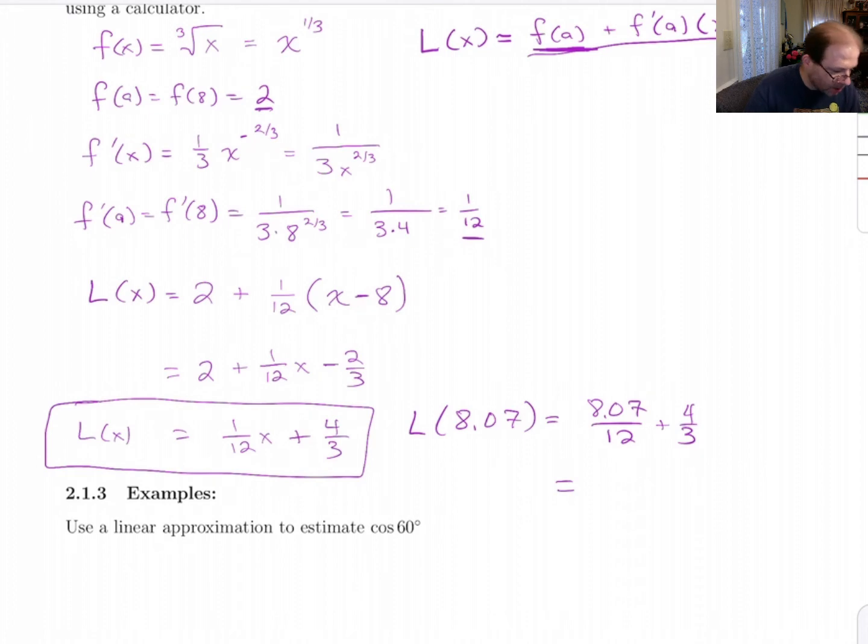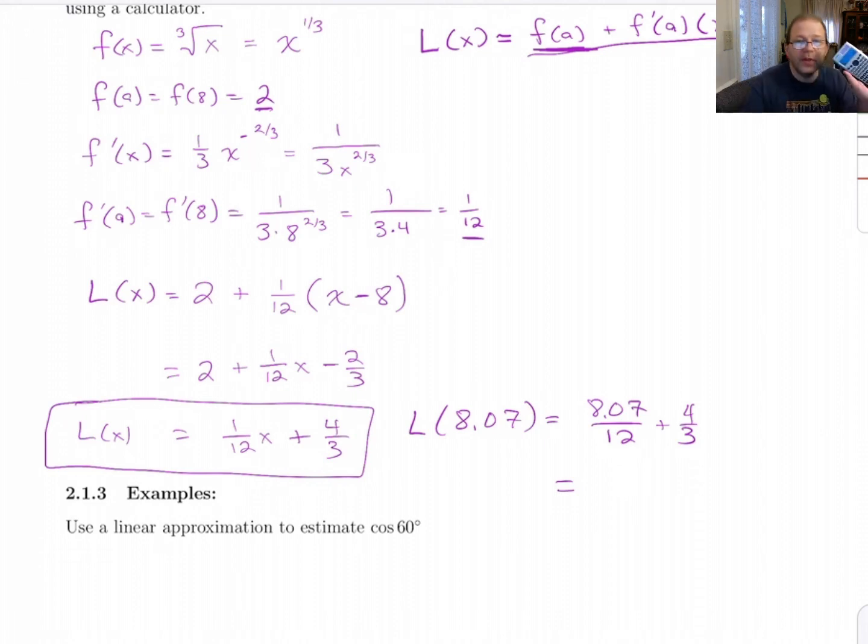All right. Now I'm going to put that into my calculator. You might say, if you've got a calculator, why do all this other stuff? Well, maybe you just have a little 4-function calculator that can't do cube roots. If you did that, this might be useful.